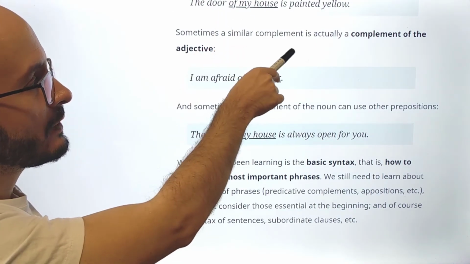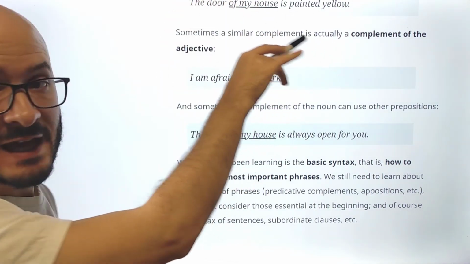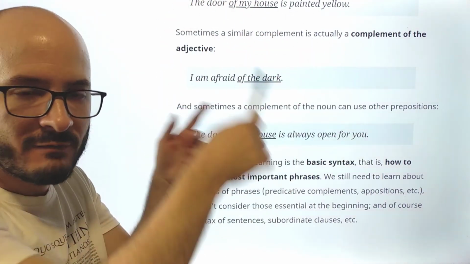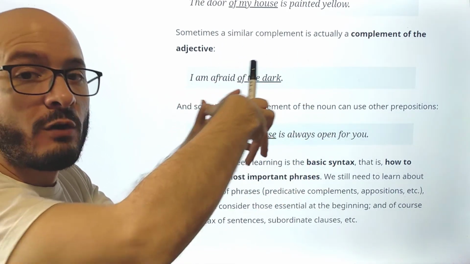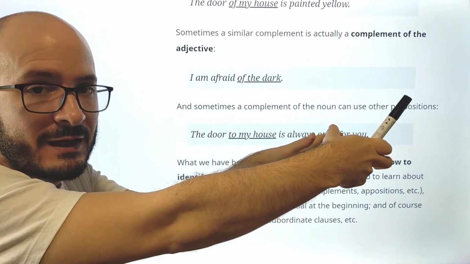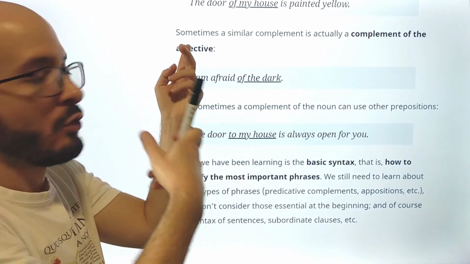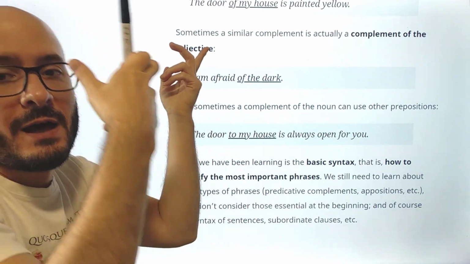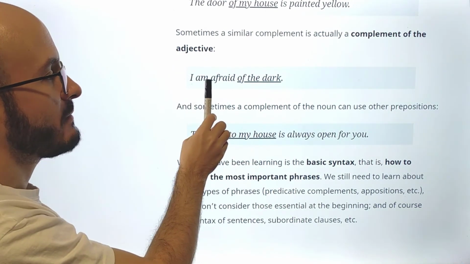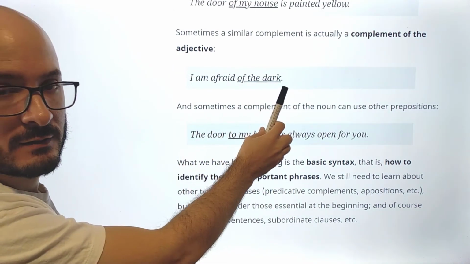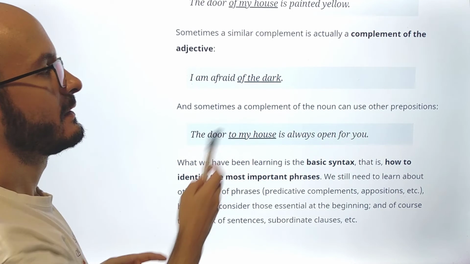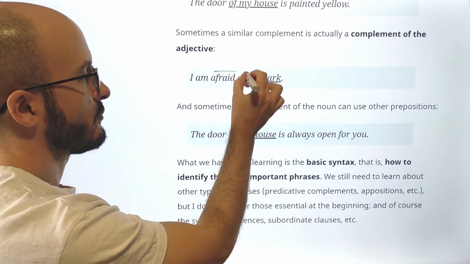Sometimes a similar complement is actually a complement of the adjective. Okay, so most of the times it's going to be complement of the noun because it is complementing a noun. But sometimes it will be a complement of an adjective because it refers to an adjective. So for example, I am afraid of the dark. So this of the dark refers to afraid.